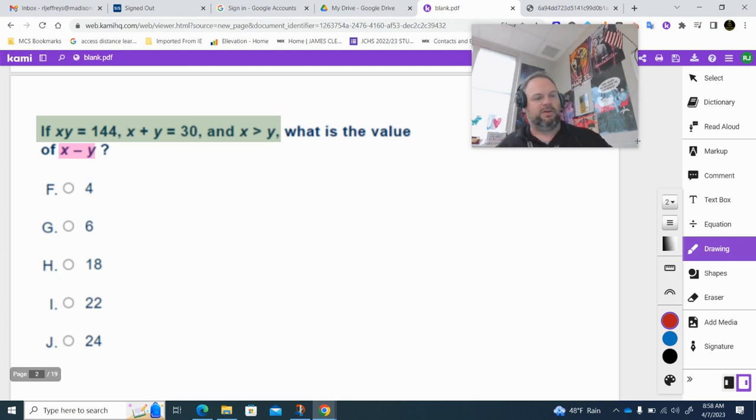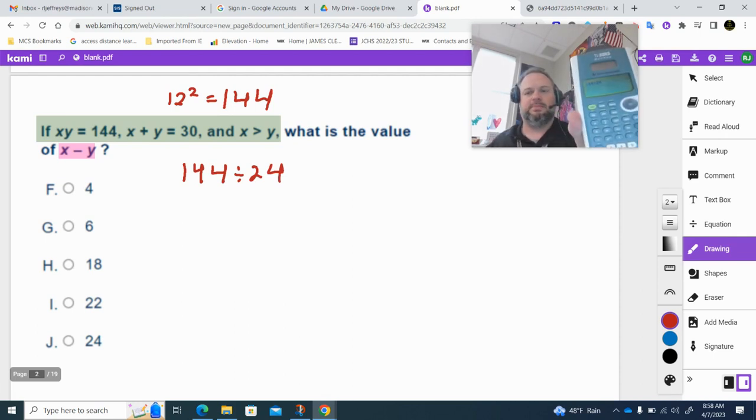Well, let's not use 12, so 144 divided by 24, 6. I just guessed a number because I know that 12 squared is 144. I just wanted to see it for another even number. So I said 144 divided by 24. Just guessing. See? Just guessing.